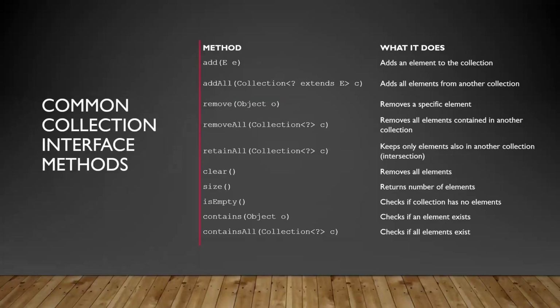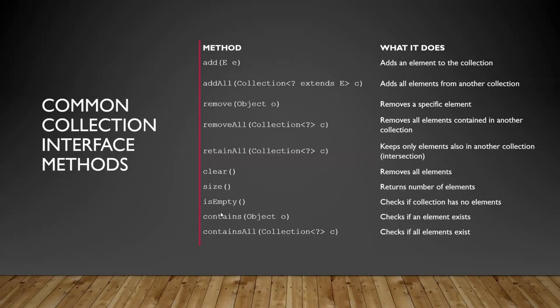Now, because of the collection interface, there are methods that are common to all concrete implementations of collections. I'm not going to go through them in detail here because we will go through them more when we talk about the individual collections. But of course, we're going to be adding, removing, clearing.